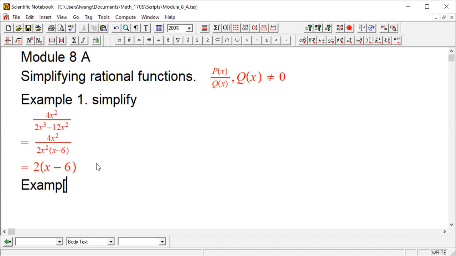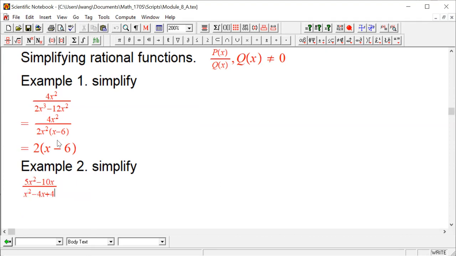Let's look at example number 2. We're still simplifying. This function is 5 times x squared minus 10x divided by x squared minus 4x plus 4. The first thing we do is factor the numerator.